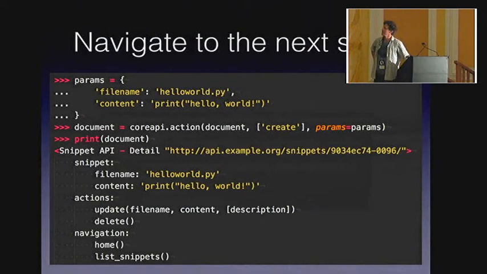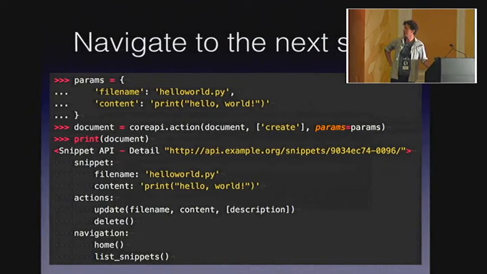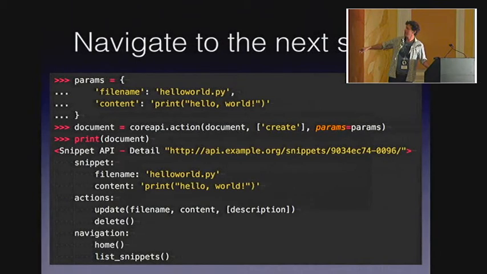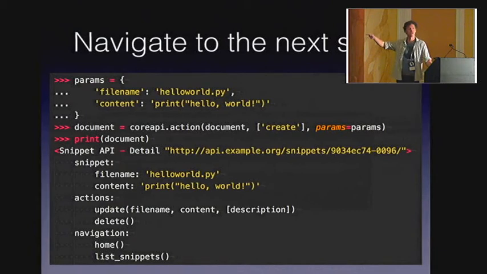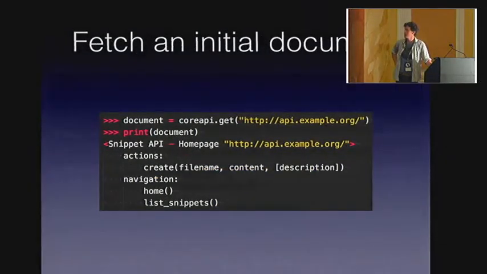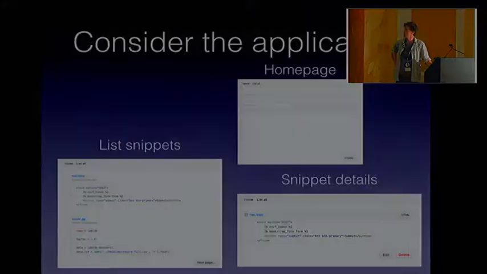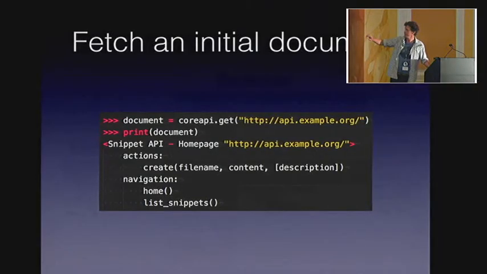So we're interacting with the create link here, passing a couple of parameters, and a new document is being returned to us. And you can see in each of these cases that the document, in this case, the API, the snippet detail, and before that, the home page, corresponds to application pages.